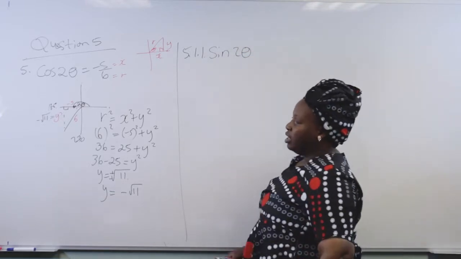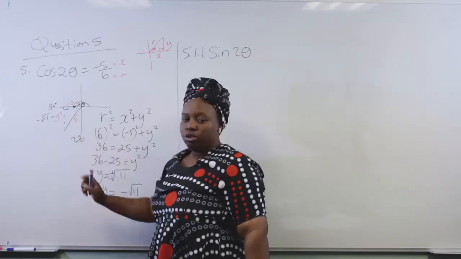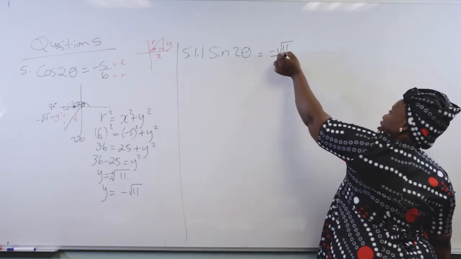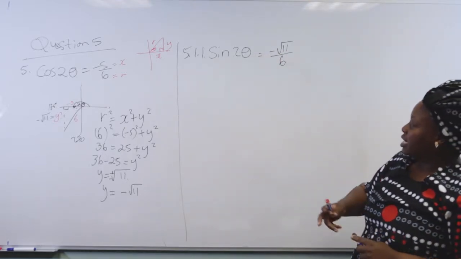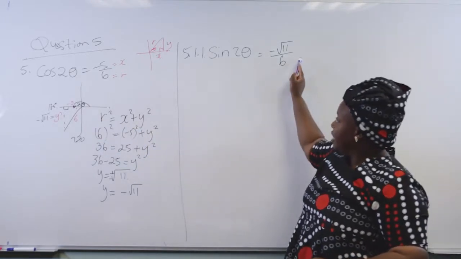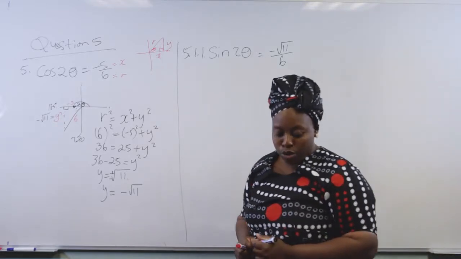Remember our angle is 2 theta. So sine 2 theta is opposite over hypotenuse. So it's going to be negative the square root of 11 divided by 6. And this one is 4 marks. Folks, 3 marks will have run through this work that you have started with, and then the other mark will come at this part. Okay, 5.1.2.